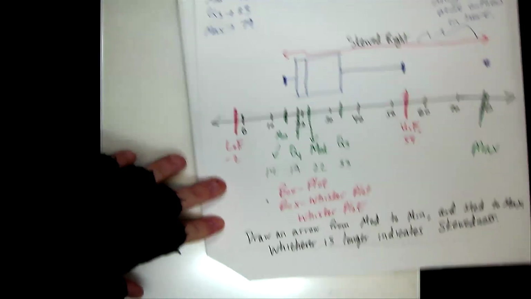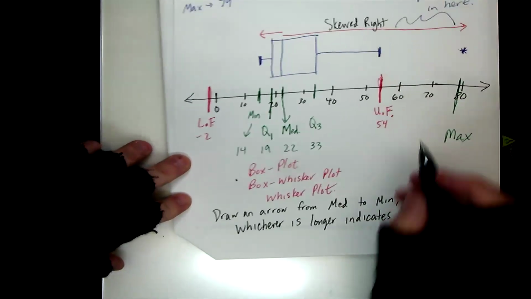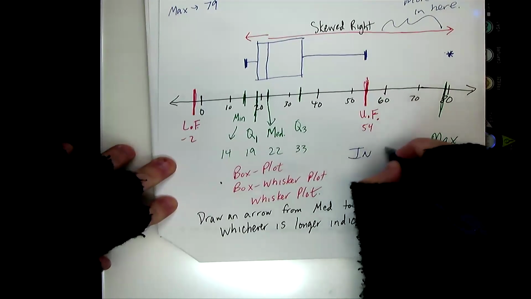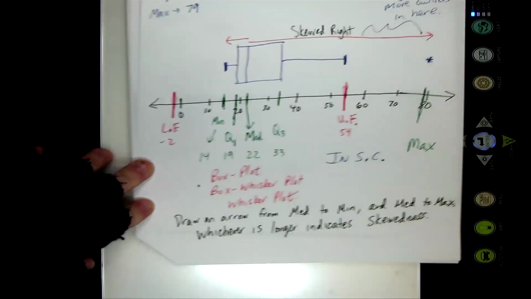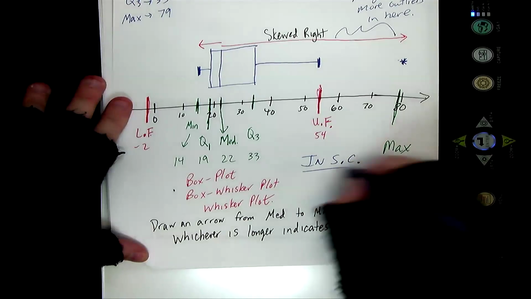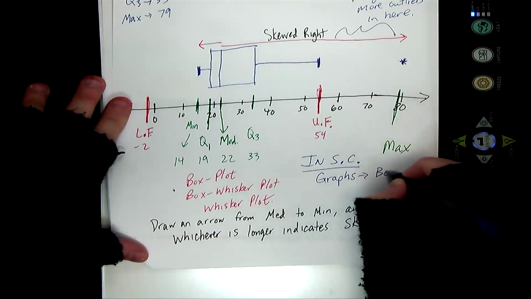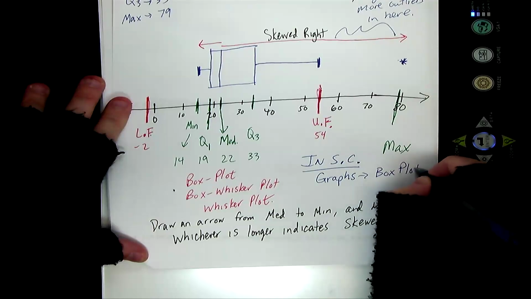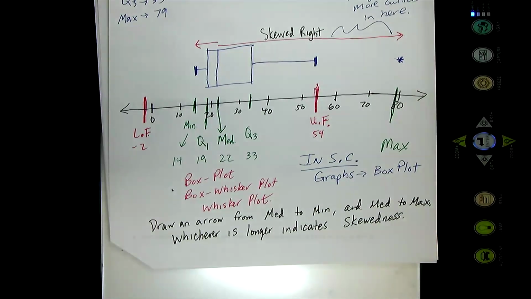How do I do this in StatCrunch? I know, it's just so tedious. Graphs. Most times you want a graph, you're gonna click graph.